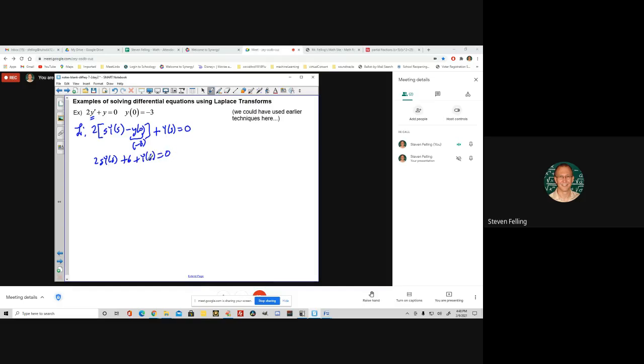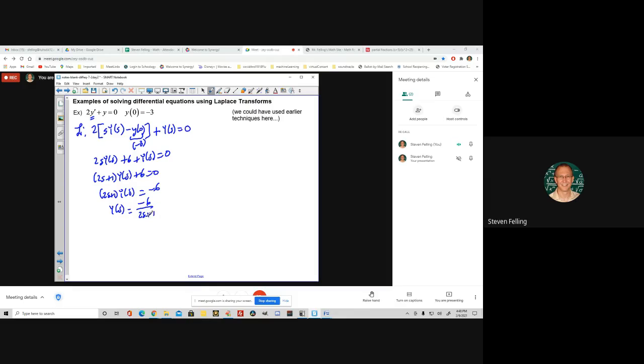And I'm going to now solve this algebraically for Y. I'll gather the Y terms together. So I have (2s plus 1) Y(s) plus 6 equals 0. So if I move the 6 to the other side, then Y(s) is -6 over 2s plus 1.